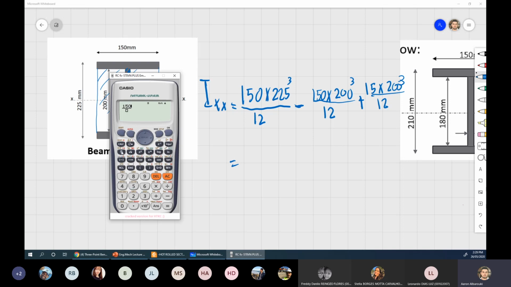So 150 multiplied by 225 to the power of 3 divided by 12, minus 150 times 200 to the power of 3 divided by 12, plus 15 multiplied by 200.